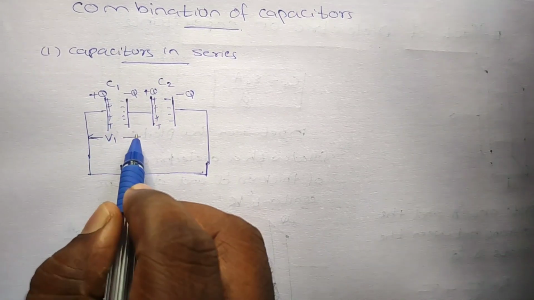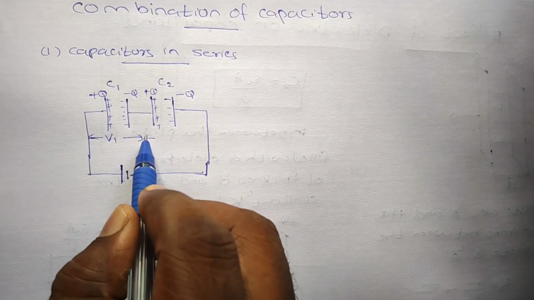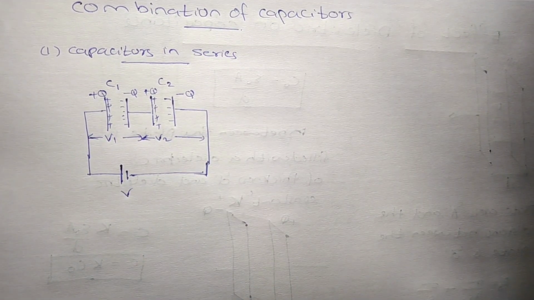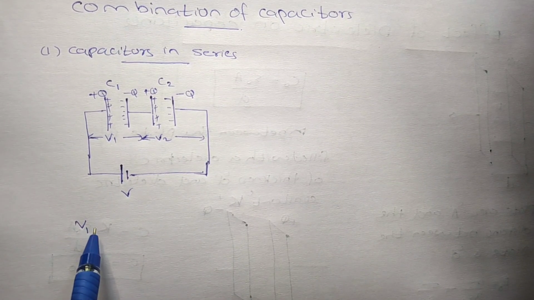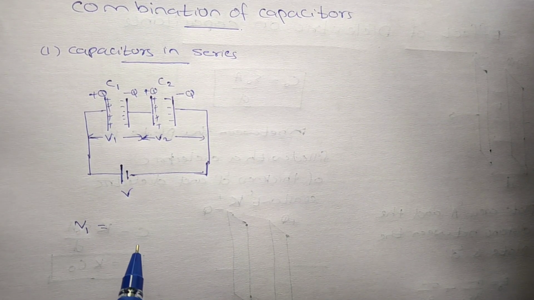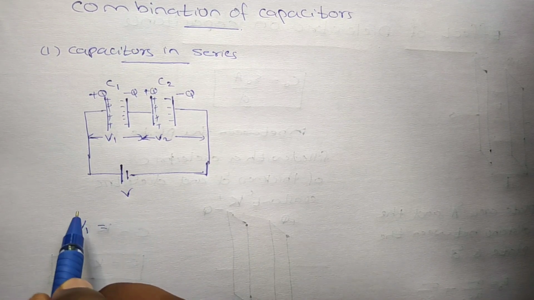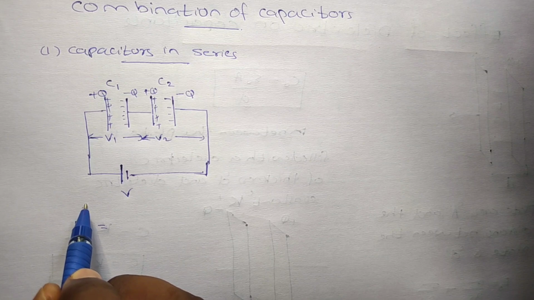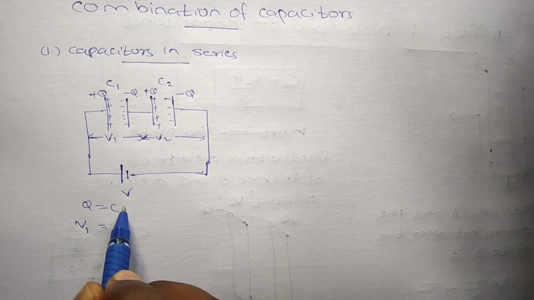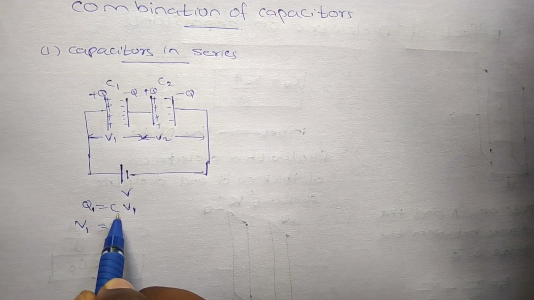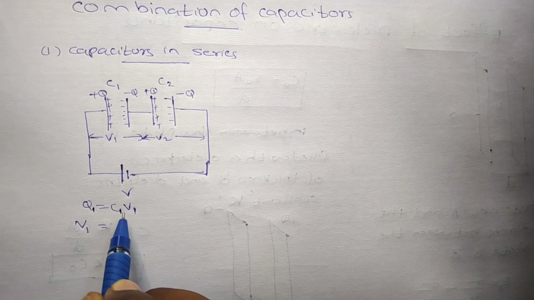V1 is the potential difference across the first capacitor and V2 is the potential difference across the second capacitor. If V is the total potential difference. Clear? So what is V1? We know Q is equal to CV. We know the formula for the charge stored in a capacitor, Q is equal to CV. The charge stored in the first capacitor Q1 is equal to C1 into V1.